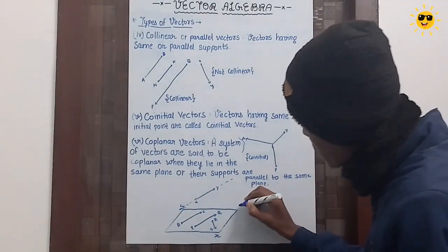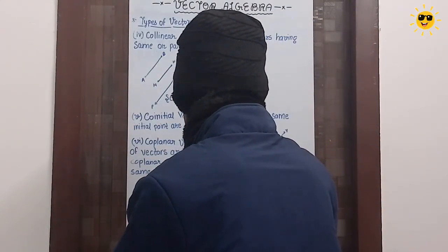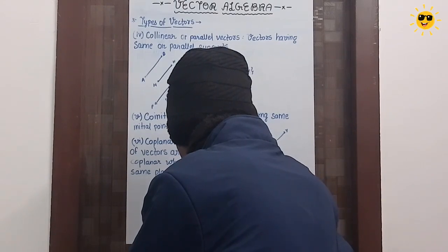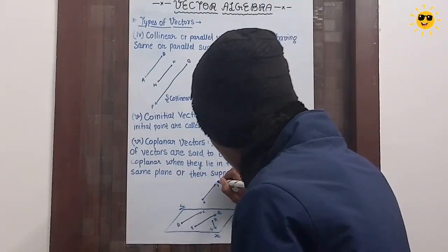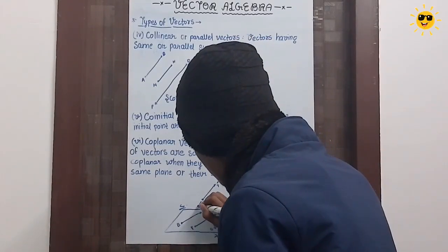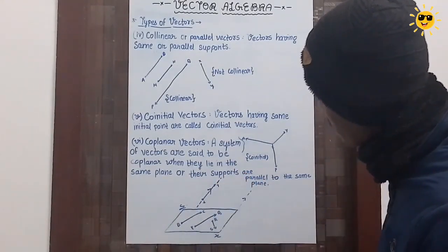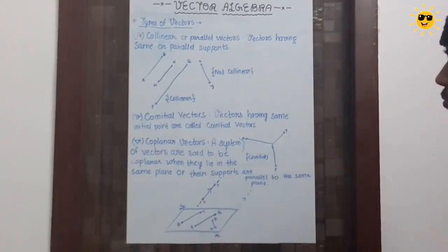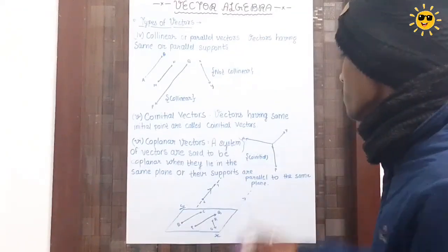If I draw something like this, it's not parallel. There you go. Now its support is like this, and you can see they both are parallel. Thus, XY vector is also a coplanar vector because its support is parallel to the plane.